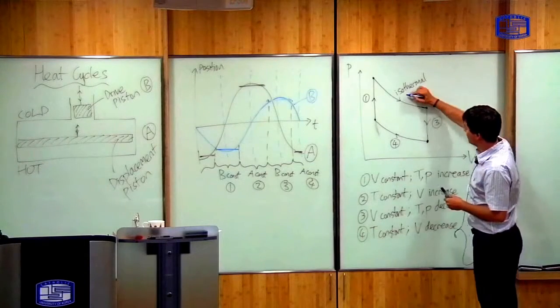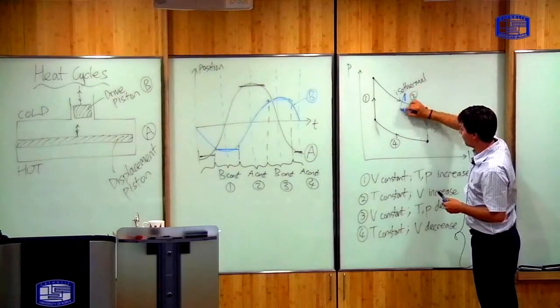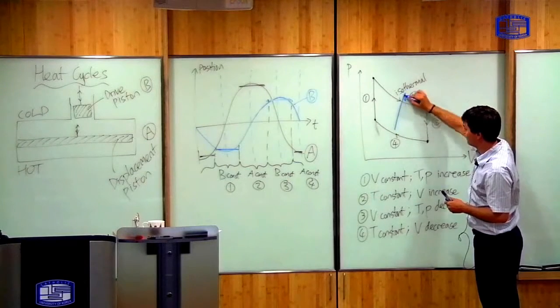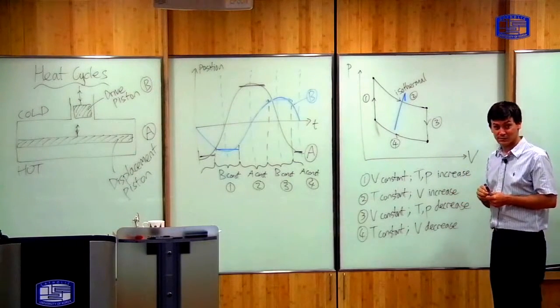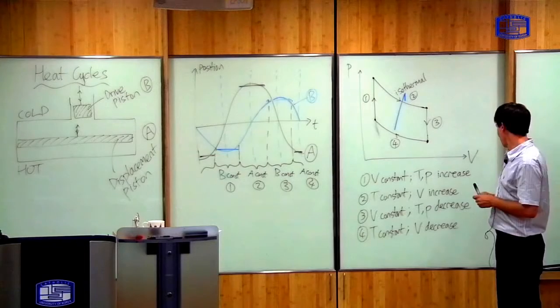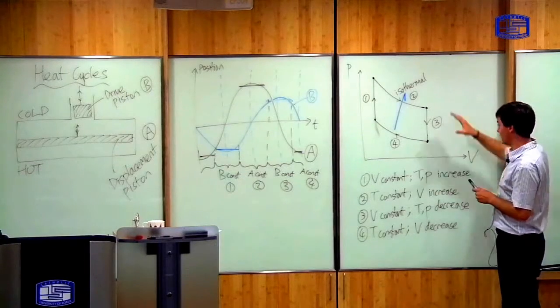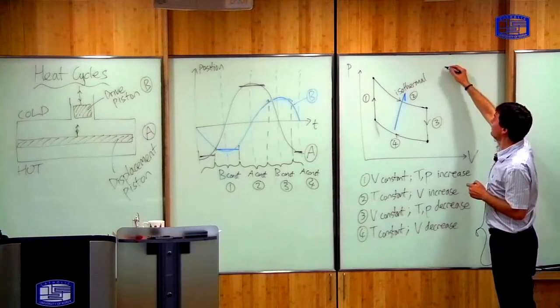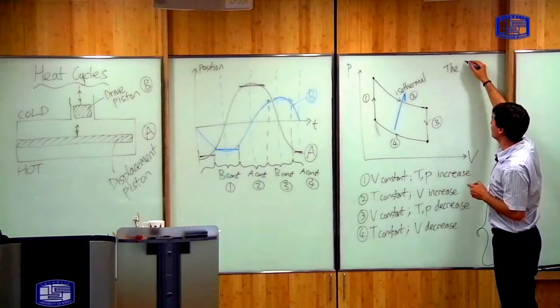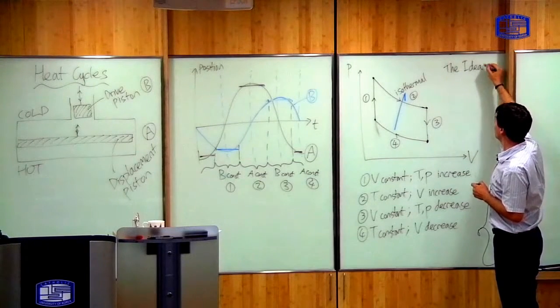And both of these, number 2 and number 4, are both isothermal expansions, roughly. So we can make a cycle like this, and this cycle is indeed known as the idealized or the ideal Stirling cycle.